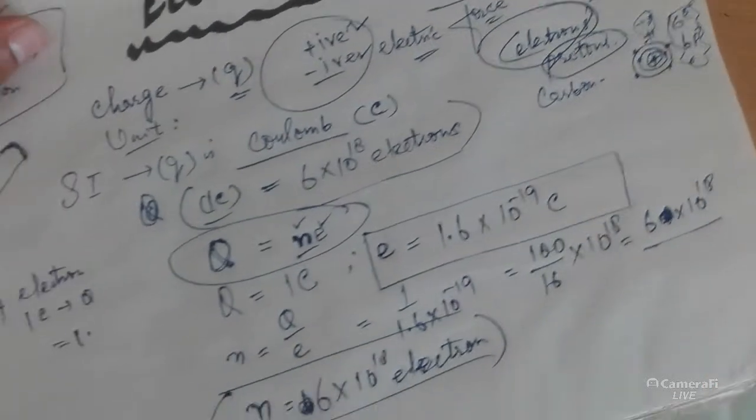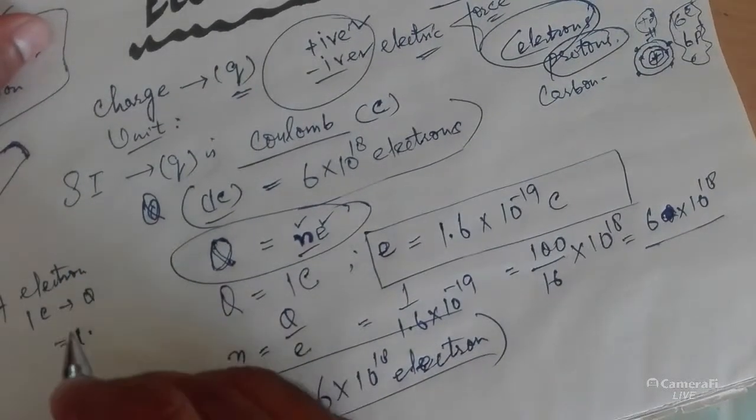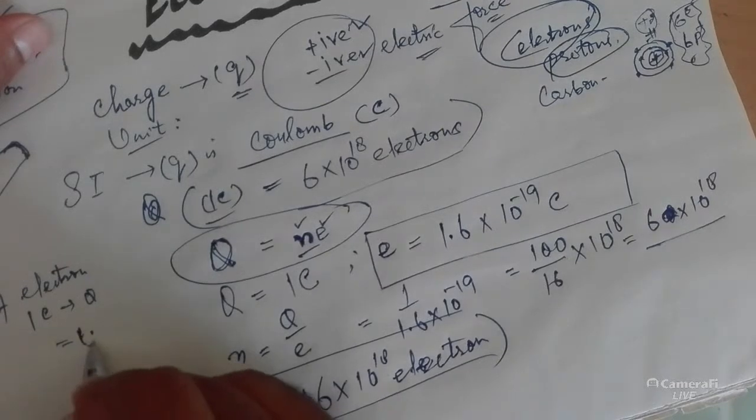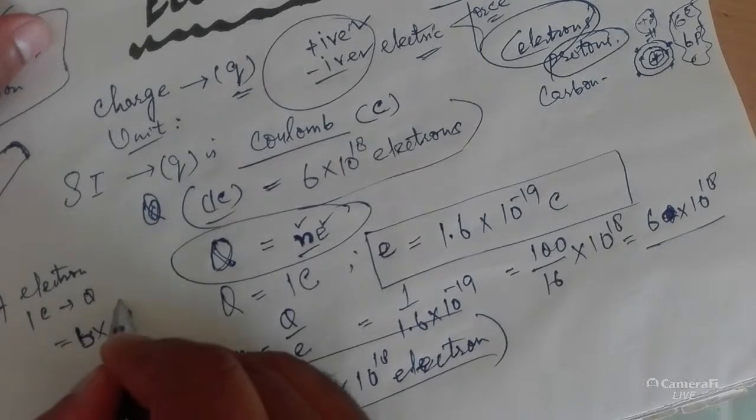So finally we got that the number of electrons in one coulomb of charge is equal to 6 into 10 to the power 18.